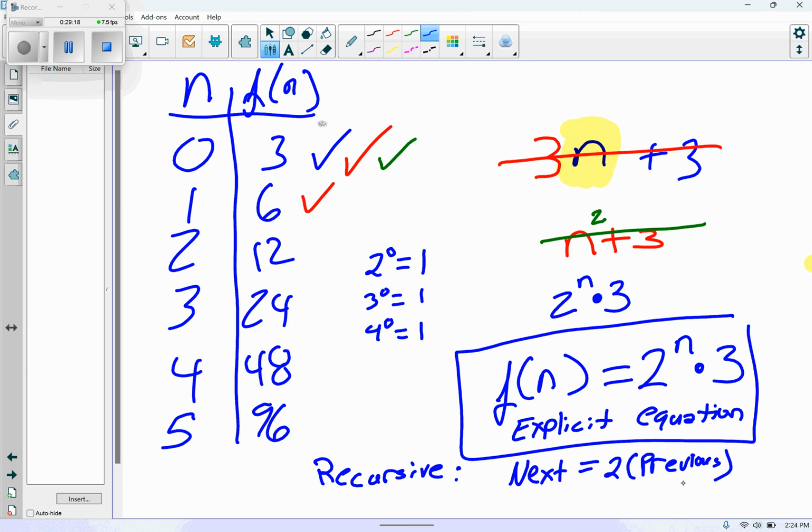What that means is, this is twice that. This is twice that. This is twice that. This is twice that. That's twice that. I bet you at some point recursive will change into next, or be changed into something different. But for right now, next is equal to 2 times the previous.